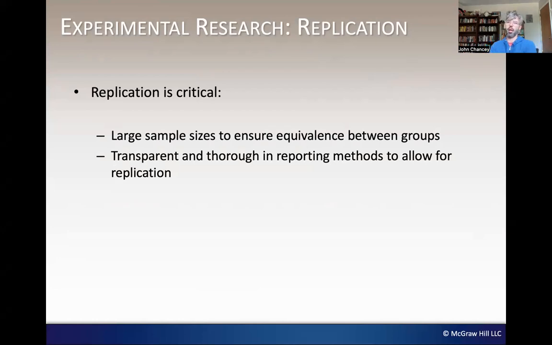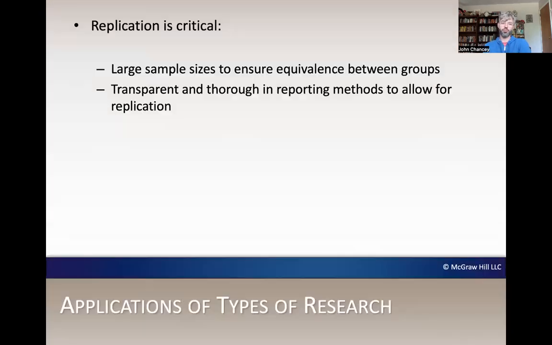It means your results tend to hold more water the larger your sample size is. And also, we want to share those results and share how we went through getting those results to be transparent and allow the scientific community to digest the information and replicate the research or ask questions or probe the theory and all these different things that are intended to advance science, advance theory.